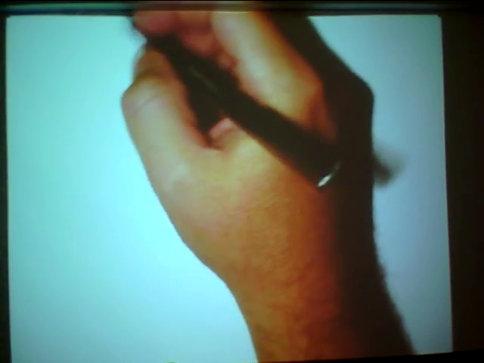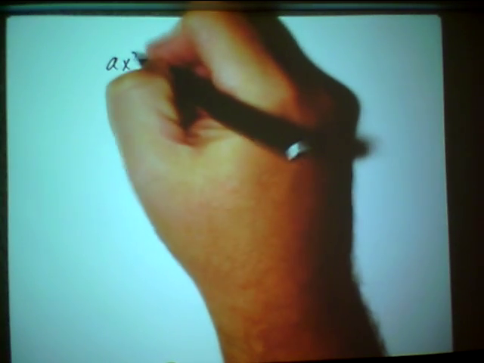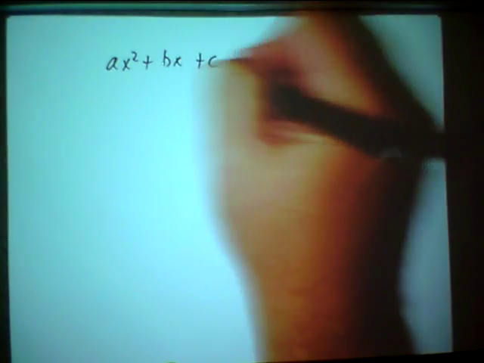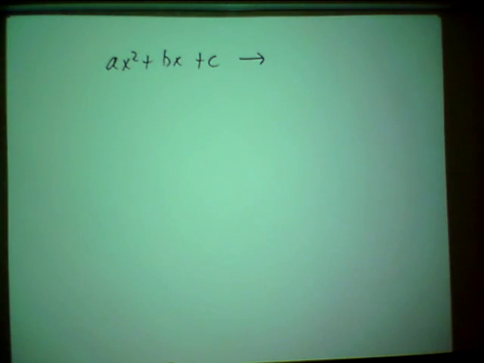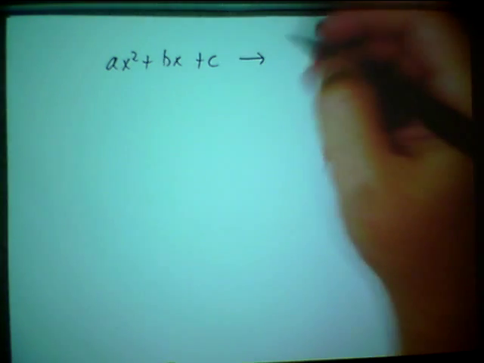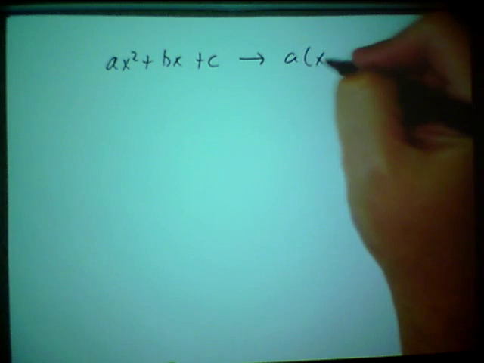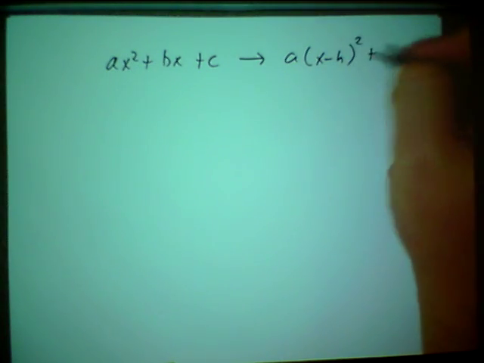Now I want to do a couple of problems where you're given a quadratic equation in the standard form, the ax squared plus bx plus c, and we want to rewrite it and get it into the standard form of the parabola. So I'm going to take an equation that looks like this, and then rearrange and move things around to an equation that looks like this.